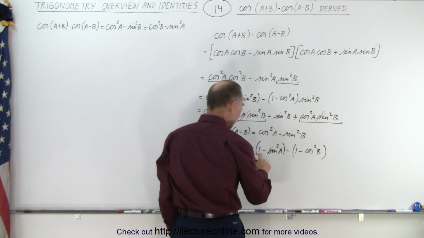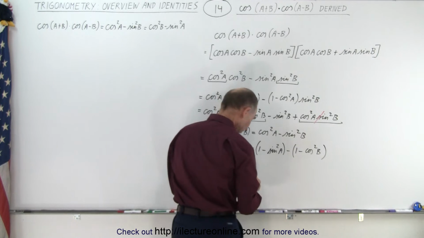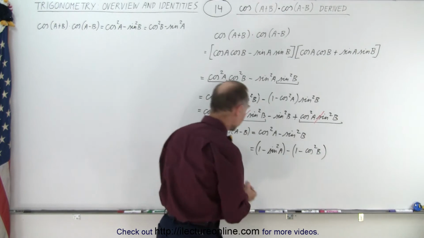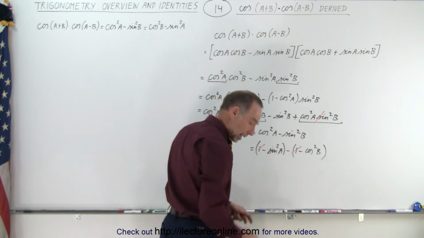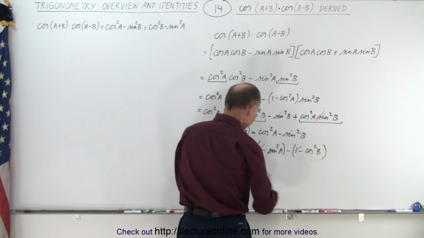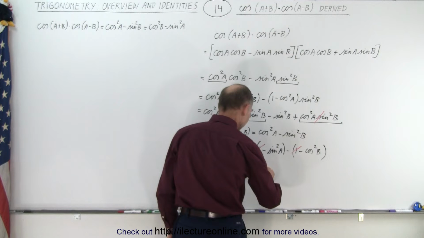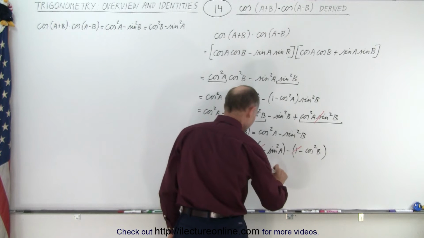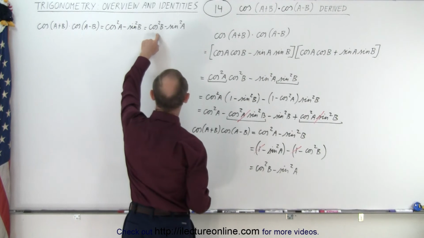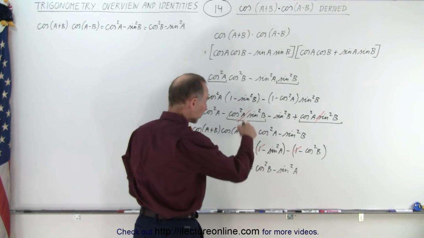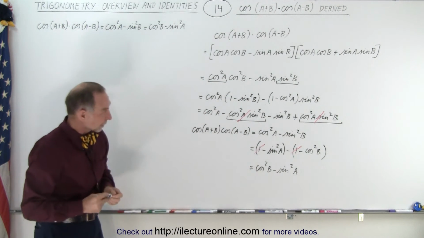And so here we have 1 minus 1, so the ones cancel out. So this one cancels out with that one. And here we have a minus times the minus becomes plus, so this can then be written as the cosine square of B minus the sine square of A, which should be the next form, and it is. So that's how you go from the one form to the other form.